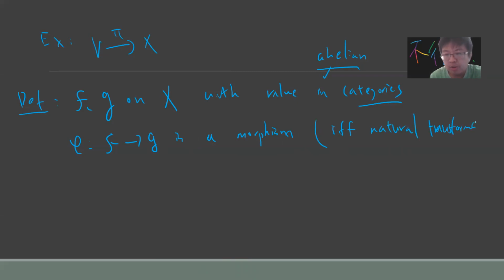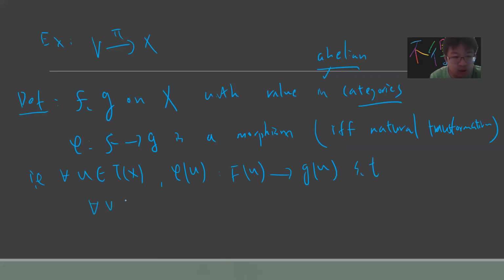Remember, the definition of a pre-sheaf or sheaf must be a functor, right? So a morphism is a natural transformation between F and G. This means that for every open set U of X, you have phi(U) mapping F(U), a sheaf of abelian groups or something, to G(U), such that for every V a subset of U, you have compatibility with restriction.